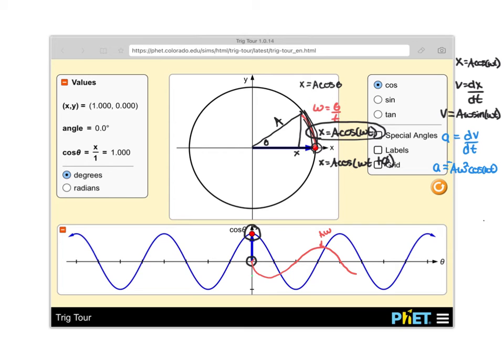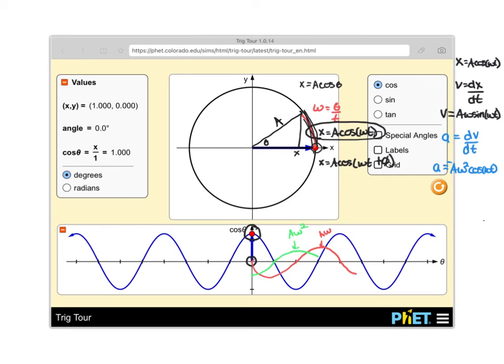So we're still doing a cosine curve, but it's sort of the mirror of the position, because instead of starting positive, it's negative, because the force that we're looking at is a restoring force. So this position here would be amplitude times angular frequency squared. So that would be your maximum acceleration.